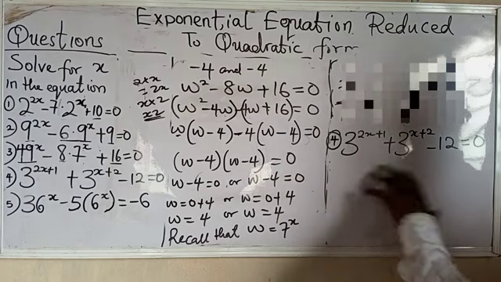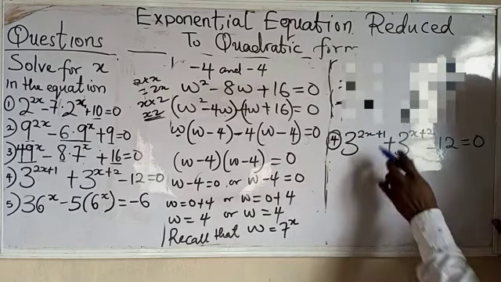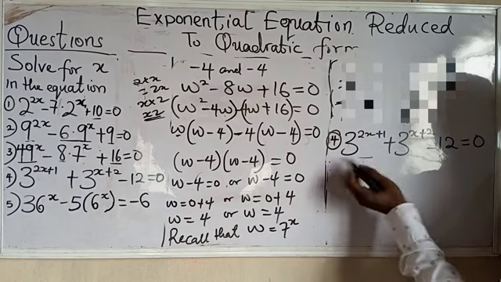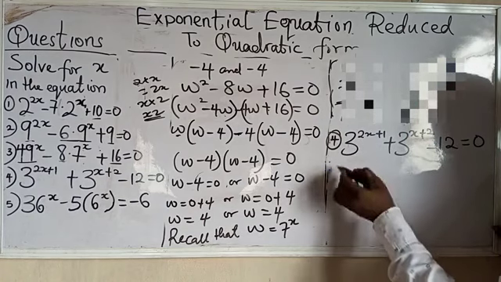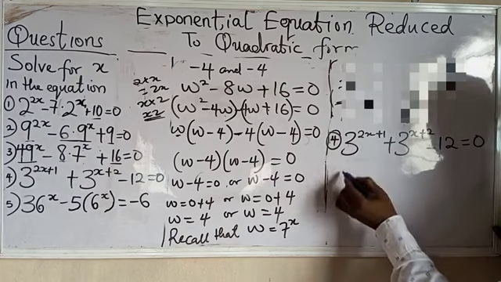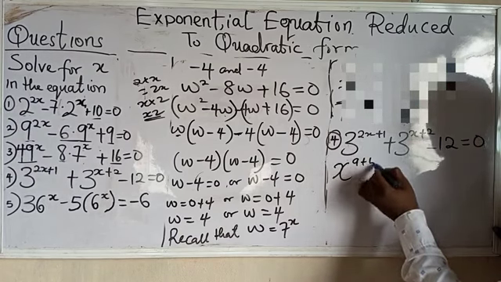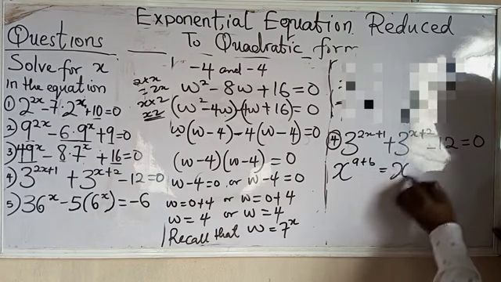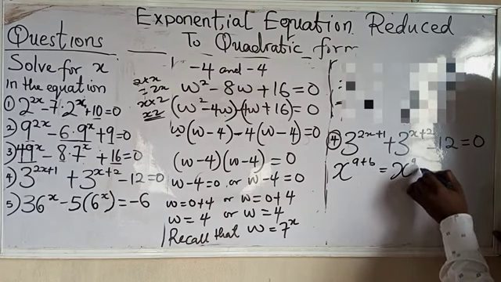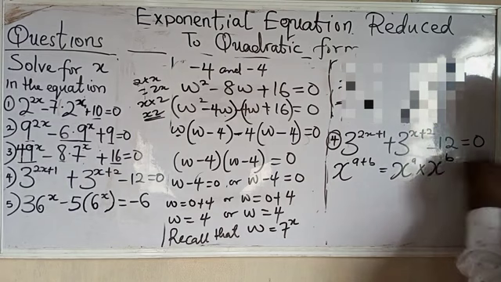Now, the first thing we are going to do is break this down. Let's not forget that x raised to power a plus b is the same as saying x raised to power a times x raised to power b.